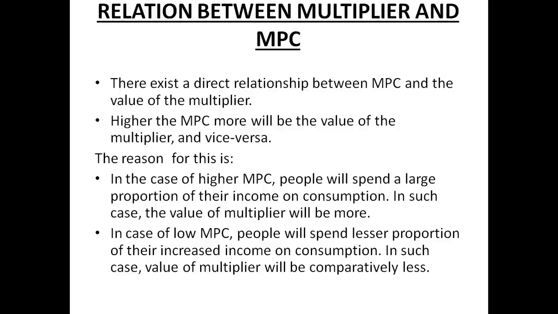In such case, the value of multiplier will be more. In case of low MPC, people will spend lesser proportion of their increased income on consumption. In such case, value of multiplier will be comparatively less.